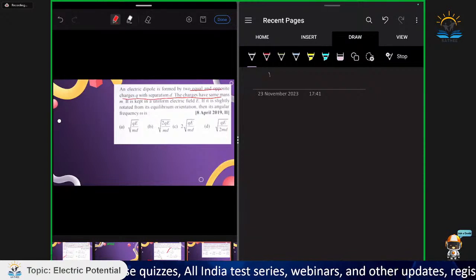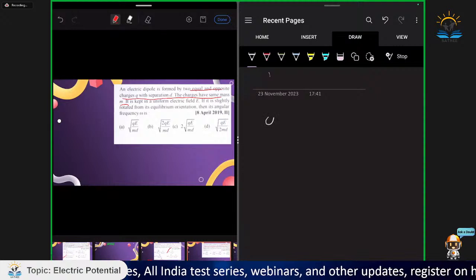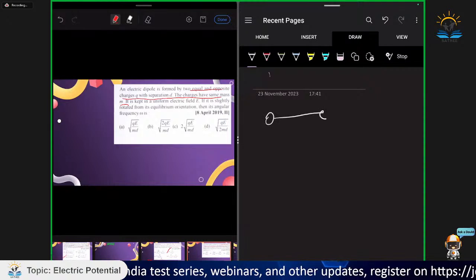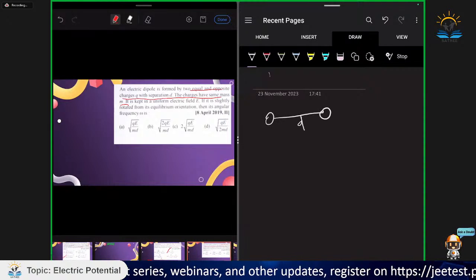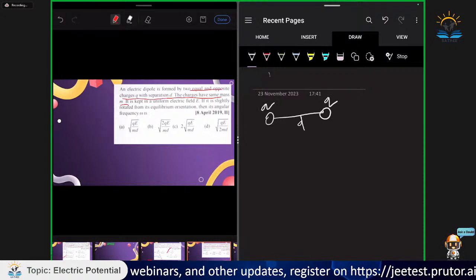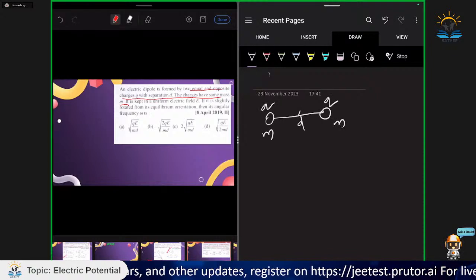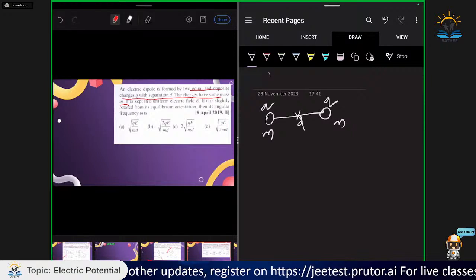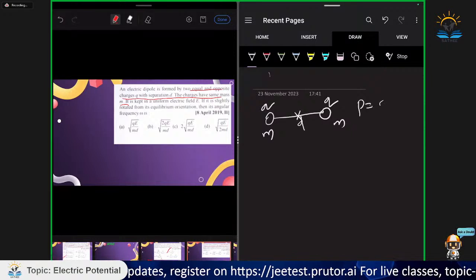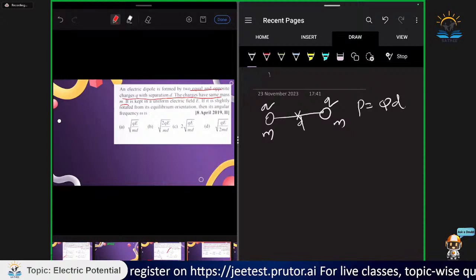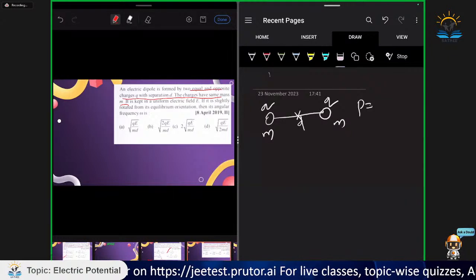The charges have the same mass m. So this is our dipole, separated by distance d, charge q, mass m. So p is equal to q into d.